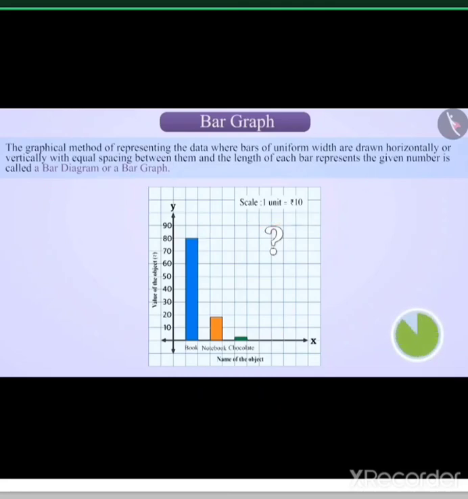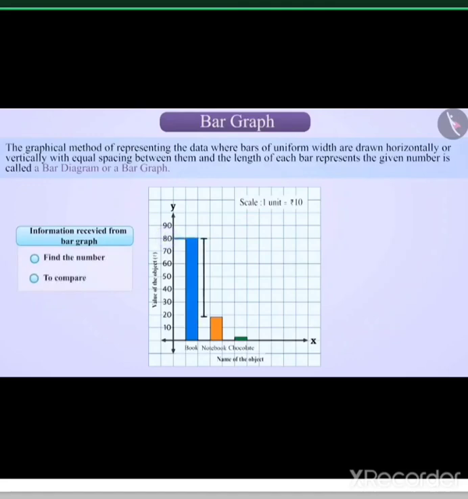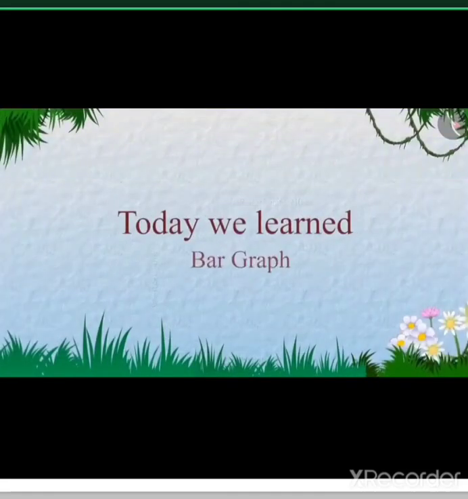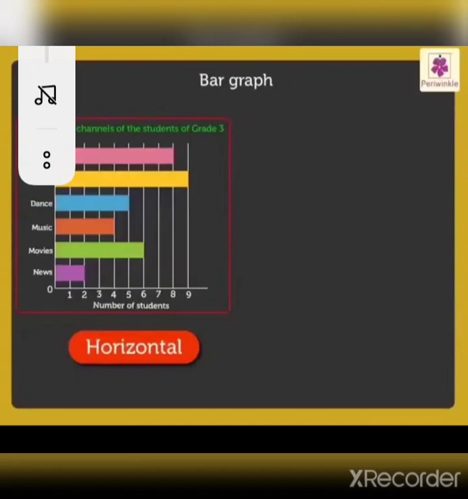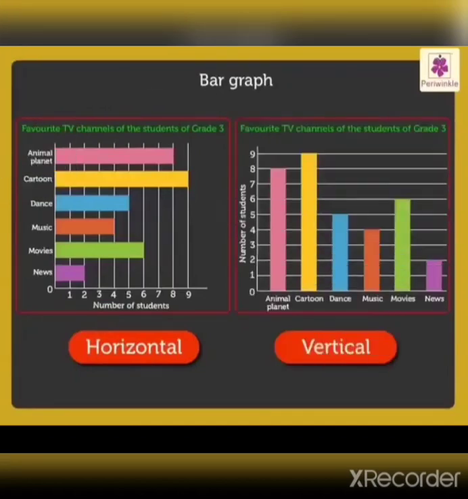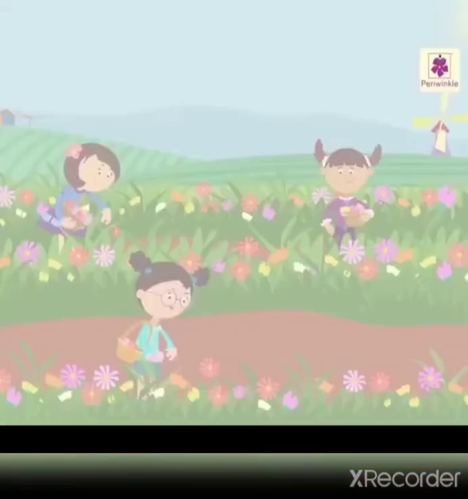So in the bar graph we can represent any information and easily understand all the information, that is the cost of notebook, book and chocolate. So today we learned about bar graph. Let us take an example. A bar graph can be horizontal or vertical.